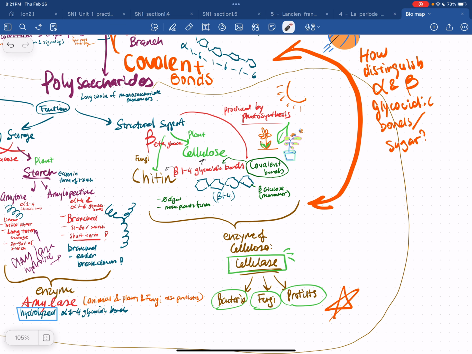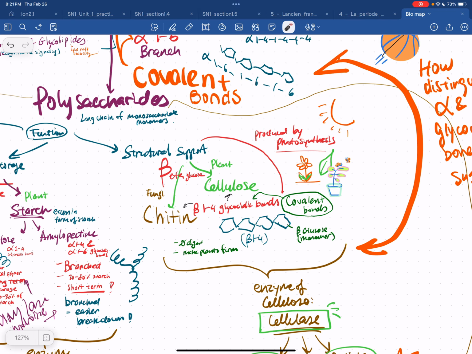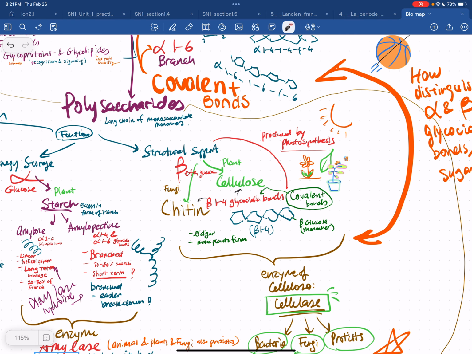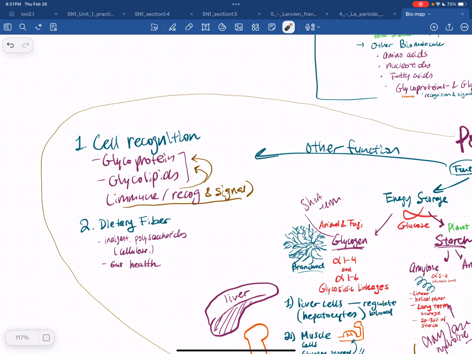They're dietary fiber, produced by photosynthesis. Other functions of polysaccharides are cell recognition, such as glycoproteins and glycolipids, and dietary fiber, which is indigestible polysaccharide, for gut health.